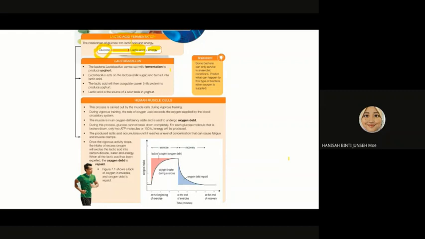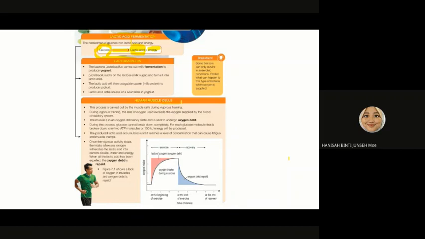Okay, so there are two examples of cells or organisms that carry out this lactic acid fermentation. The first one is lactobacillus. Lactobacillus is a bacteria, and the second one is us, our muscle cells, human muscle cells.